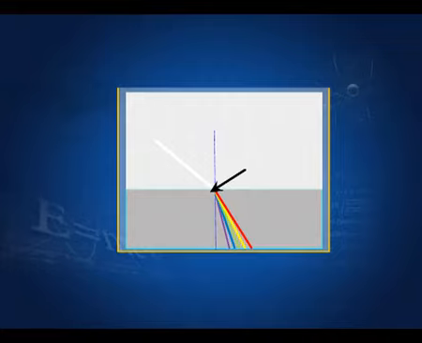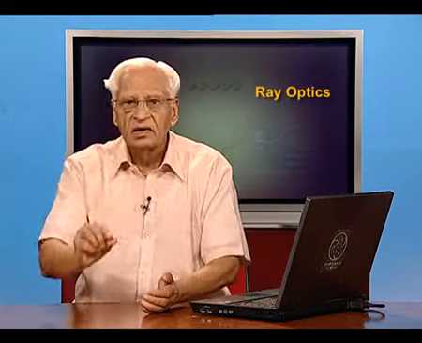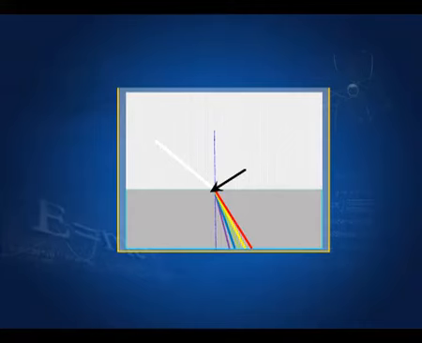And after they come out, they are all parallel, a very narrow beam, and again in our eyes they mix up and we see that as white light. However, we shall see that if instead of a slab we have a prism, then the colors will separate.